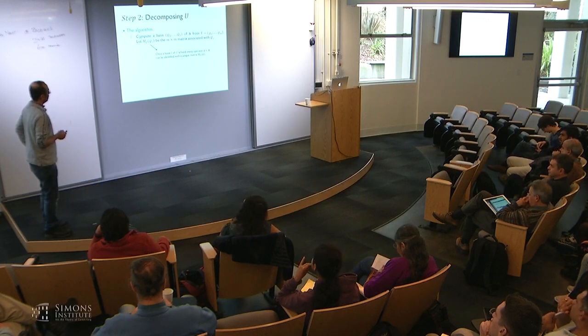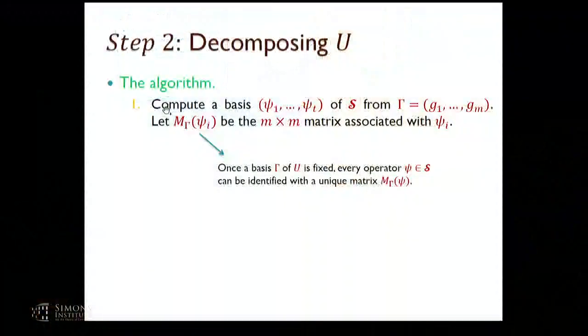Right, so from the first step we have a basis, and we already know how to compute a basis of the space of operators. And these operators can be naturally associated with matrices because a basis of U is fixed. Once you fix a basis of U, you can naturally associate every operator in S with a matrix. So these M gamma psi i's are the corresponding matrices.